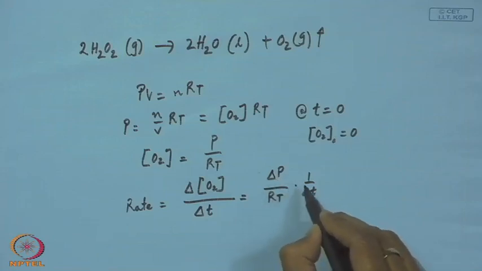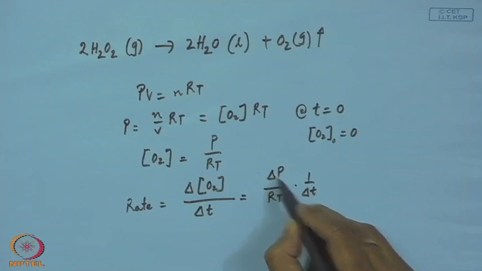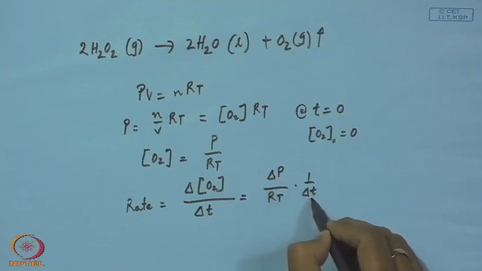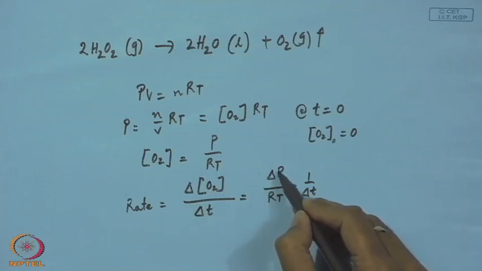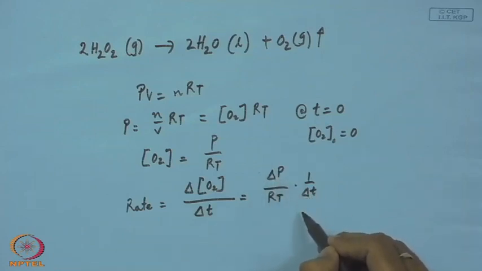So, if we measure change in pressure as a function of time, we should be able to find out the rate of reaction and the corresponding other parameters involved. Other parameters means rate, then rate constant, although it is a constant quantity. So, these things, and also we should be able to find out the proper plots and so on and so forth. So, just by measuring the delta P and delta t, we should be able to find out the rate of this particular reaction.